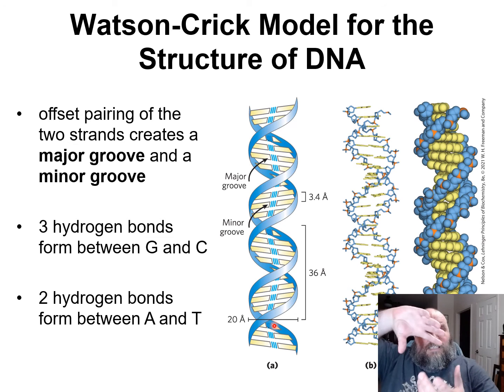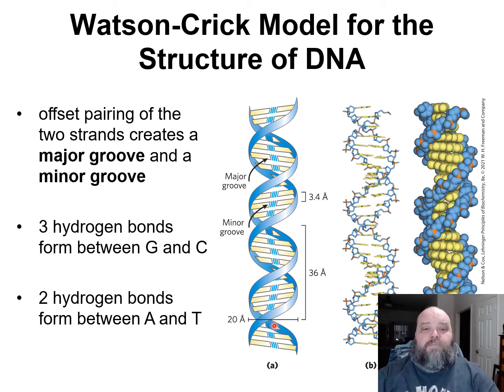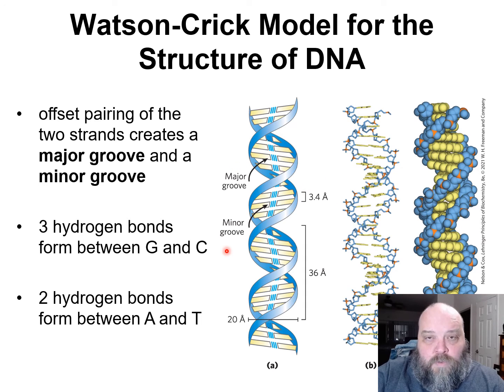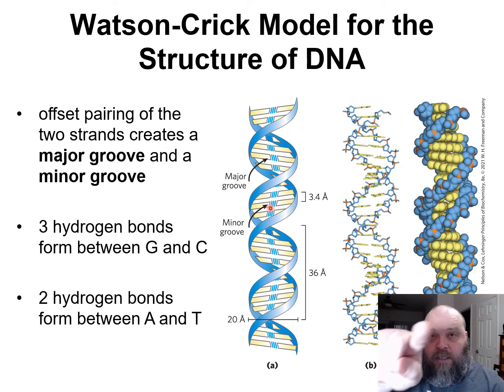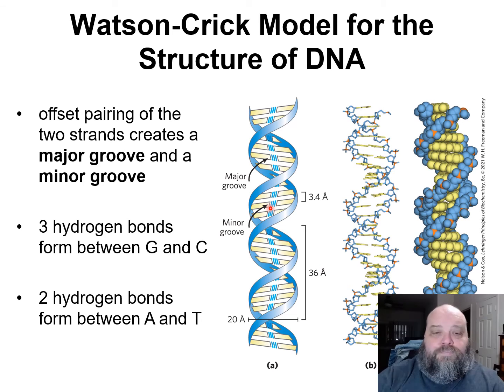And this whole idea, instead of taking a ladder and just twisting it, but wrapping it around and then looking at it end on, meant that you would end up with different sets of grooves. A major groove and a minor groove. Major groove, minor groove. And if you start at one point, you go through the major groove and through the minor groove so that you do a complete 360 turn down that sugar phosphate backbone, boom.